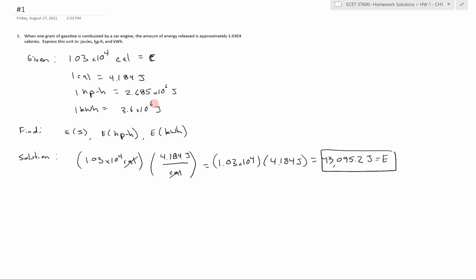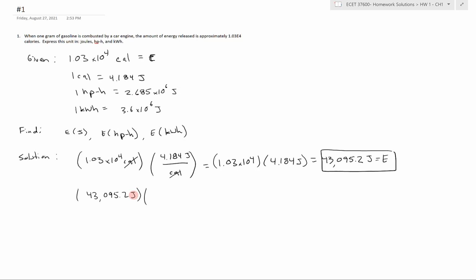We're going to use the same method, but instead of starting with it in calories, we're going to start in joules. 43,095.2 joules. And then I need to use this conversion right here.